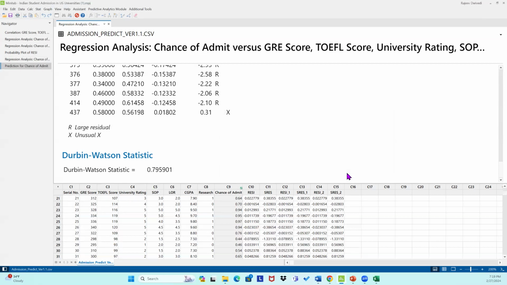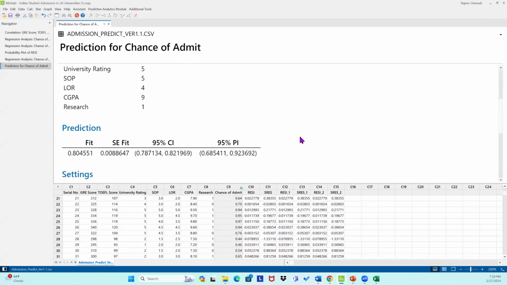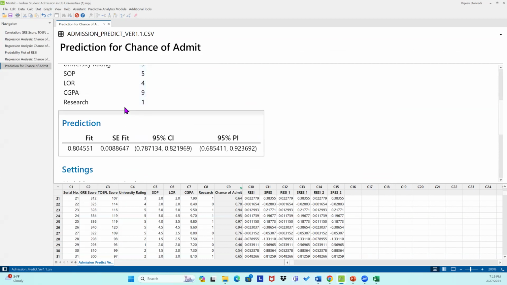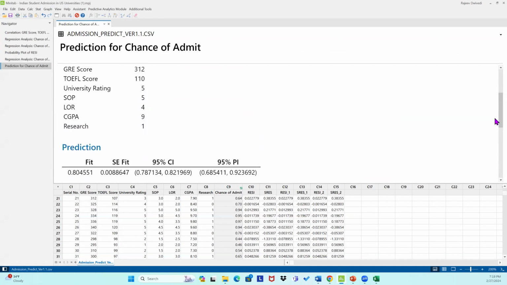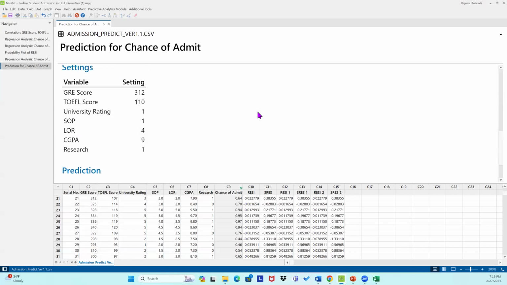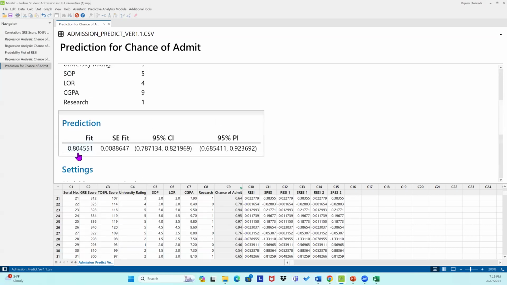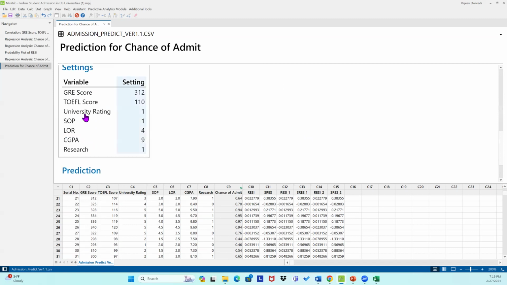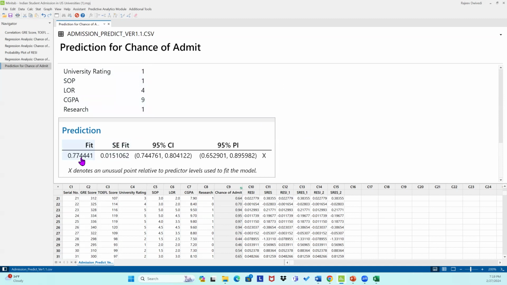Now let's see what the result is. In the first case, I put both useless variables, university rating and statement of purpose, at the highest. What is my fit value? It is 80%. When I put both values at the lowest, what is my fit value? 77.5%.